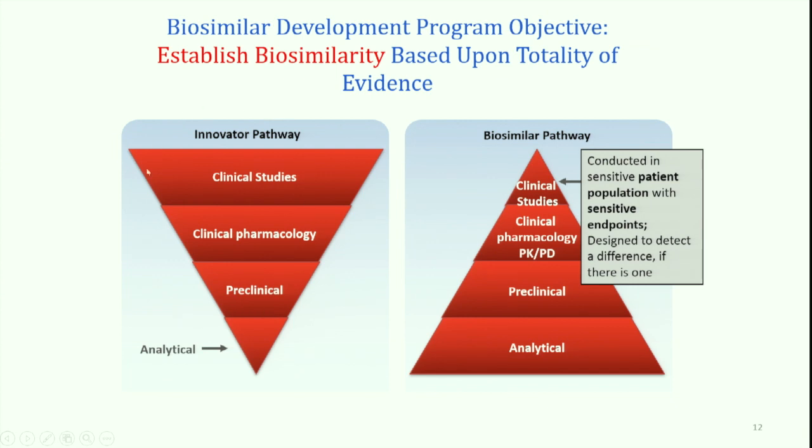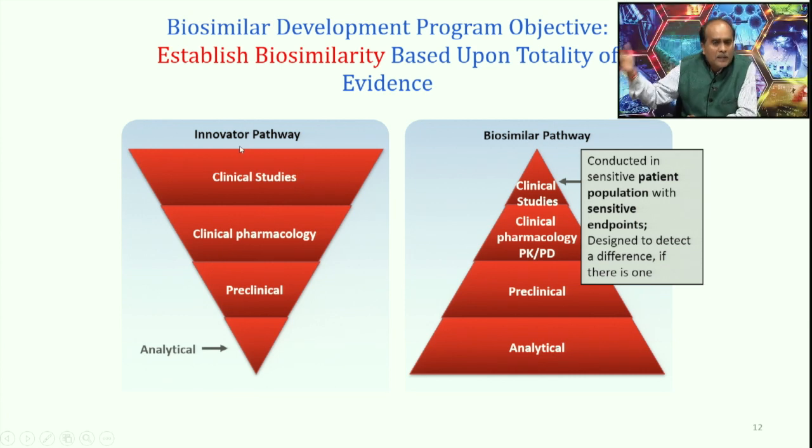But when we are making a biosimilar of this innovator molecule, you have to first match all the physiochemical properties of the innovator molecule with the biosimilar molecule. Therefore, robust analytical characterization is of paramount importance.